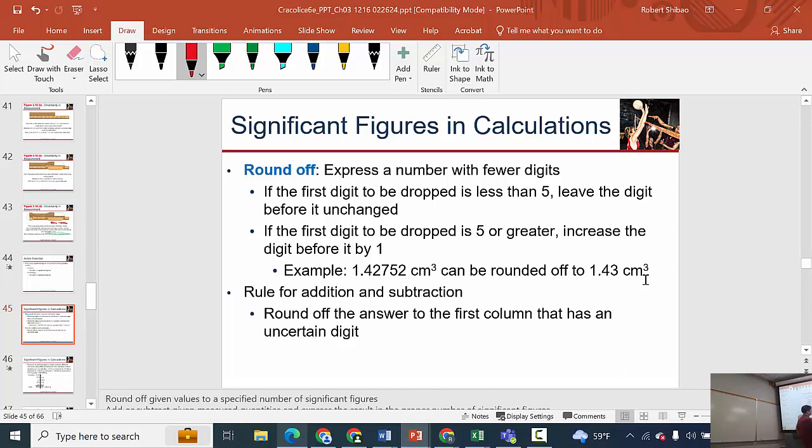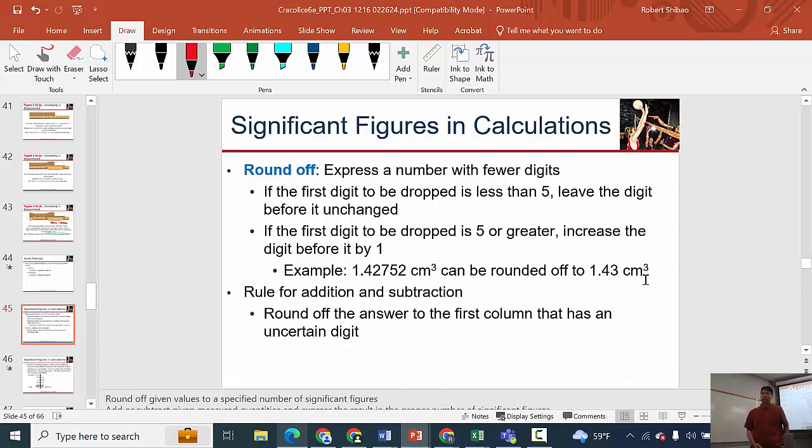Let's say I'm allowed 3 sig figs. But I won't round it if this is a multi-step calculation. I won't round it continuously. So the 2 gets rounded up to a 3 because we dropped the 7. So if we drop a 5 and above, we round up. If it's 4 and below, we don't change it. We leave it as is.